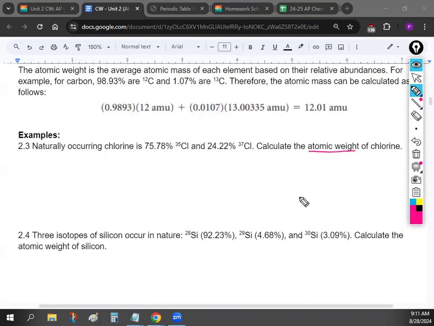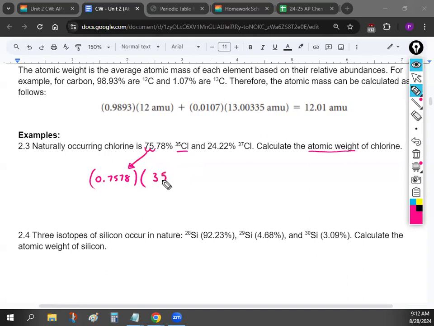We're just going to do the same thing that we did in the example we saw right here. We take our percentage and turn it into a decimal. So 75.78%, you just move the decimal 2 times to the left. That gives you 0.7578. We multiply that with the isotope number, which is 35.